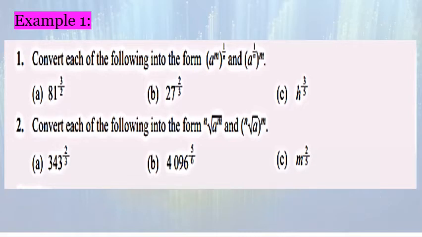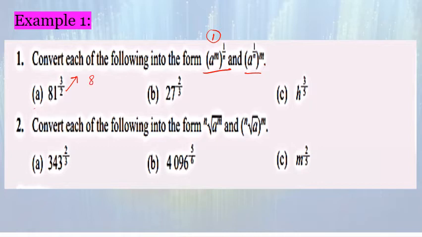Let's do example 1. Number 1, convert each of the following into the form a power m, bracket power 1 over n, and a to the power of 1 over n, power m. So we do A, 81 power 3 over 2. We convert to the first pattern, where we do the power first.